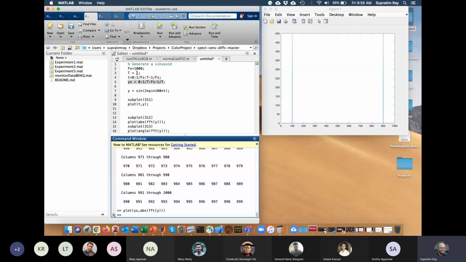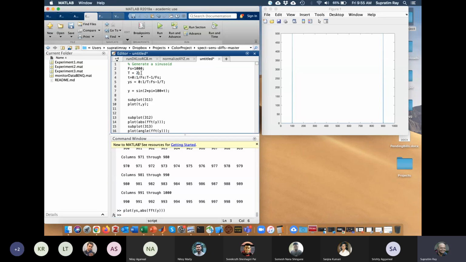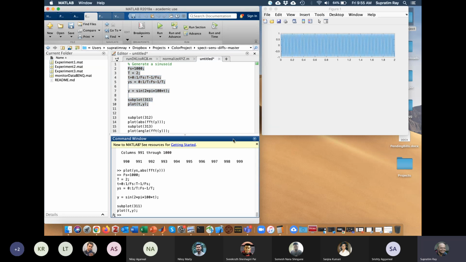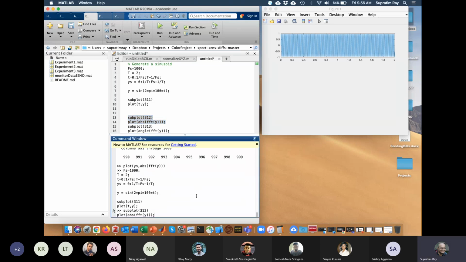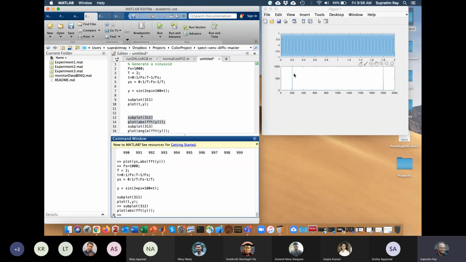Okay, and even if I make this 2 seconds, so I now plot this. So now this is 100 hertz for 2 seconds. Plot FFT. Right now I haven't done the scaling, so it's showing at 201.